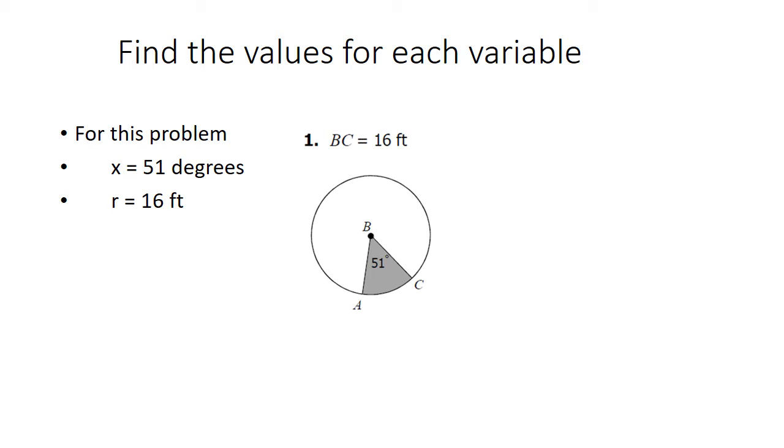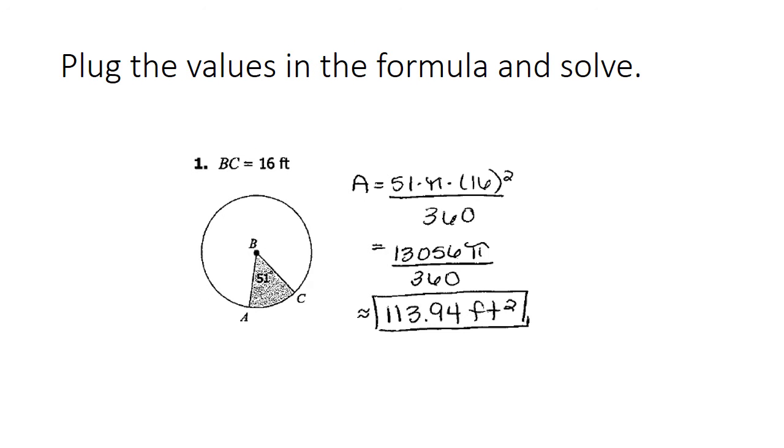And we're going to plug those numbers into the formula: 51 times pi times 16 squared. We're going to simplify that, and then once we've simplified that, we're going to divide by 360, and we will get 113.94 feet squared. Keep in mind that area is always a squared unit.